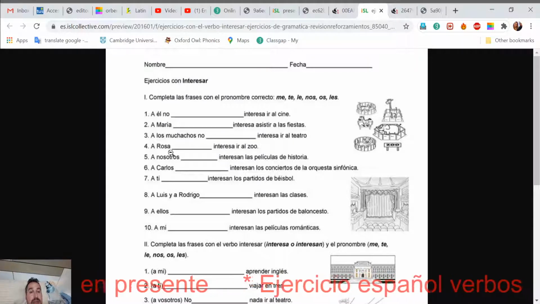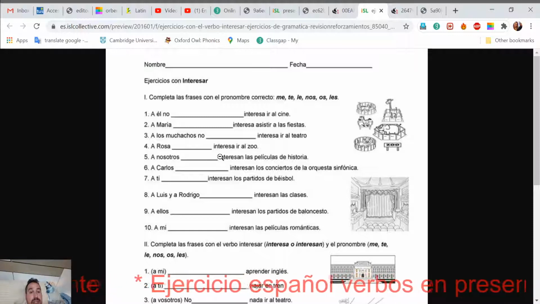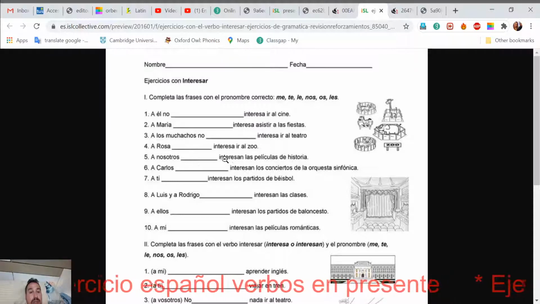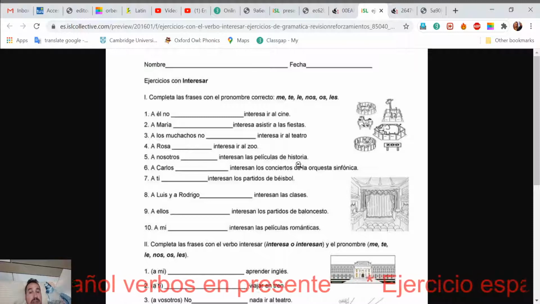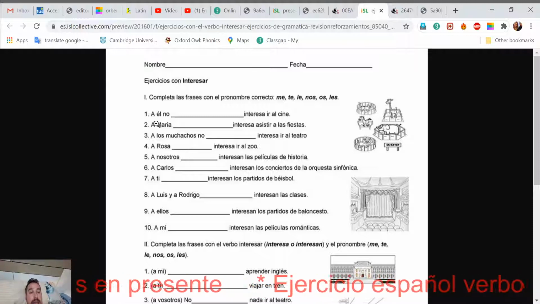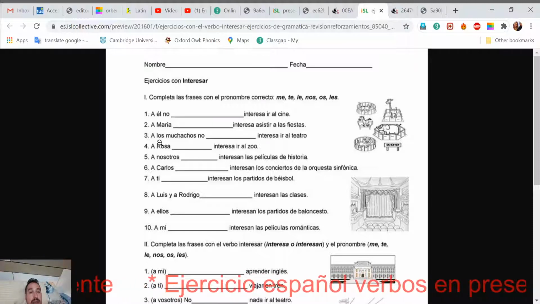A Rosa le interesa ir al zoo. So Rosa is interested in going to the zoo. A nosotros nos interesan las películas de historia. So we're interested in history films. By the way, these are a él, a nosotros, a ti. It's not mandatory.